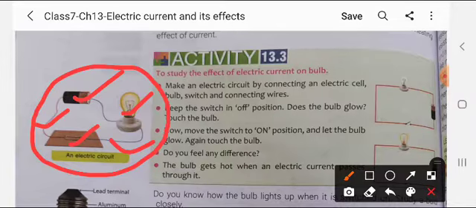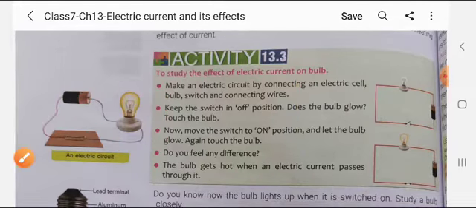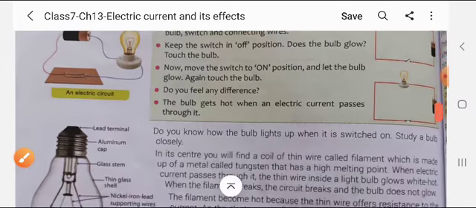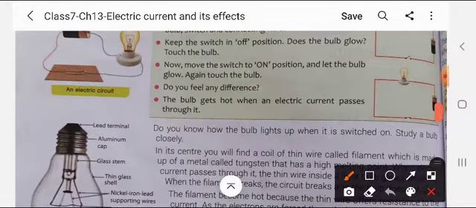This is an example of a closed circuit because the switch is closed, the bulb is glowing, there is a cell, and nowhere has the wire been broken. So this is the complete circuit.